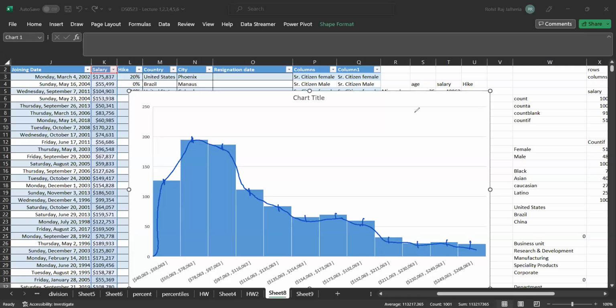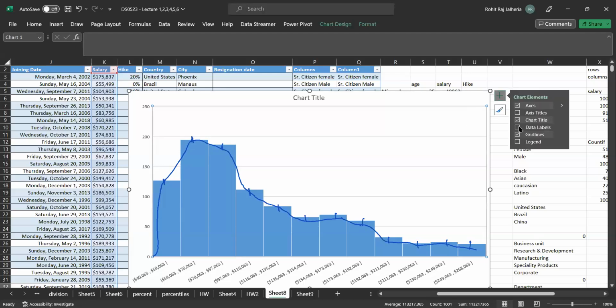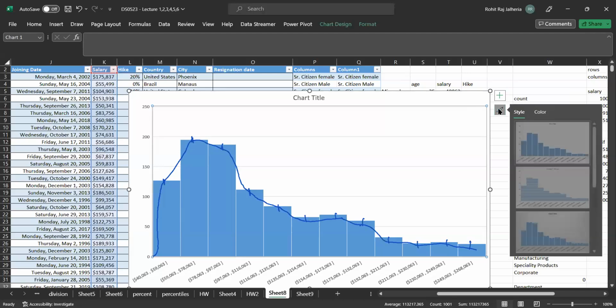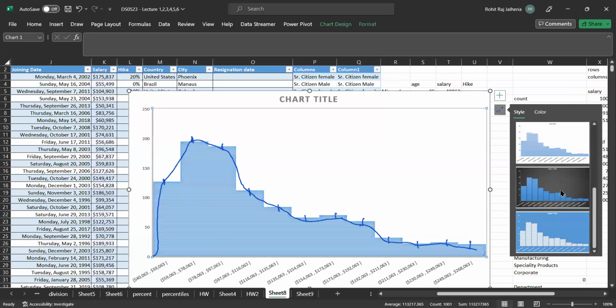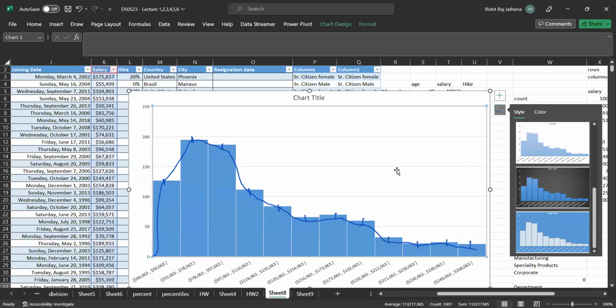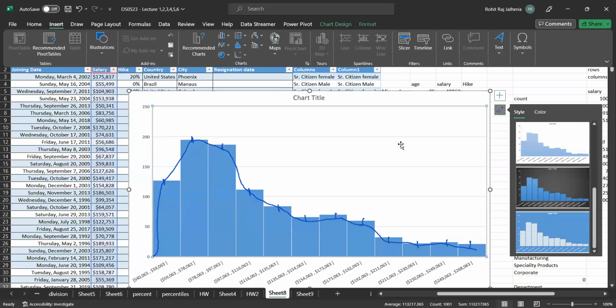You can simply add the line plot as well into the same data set, right?